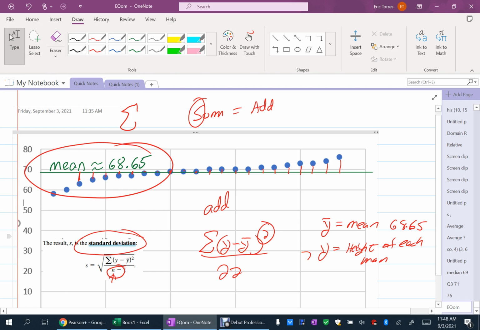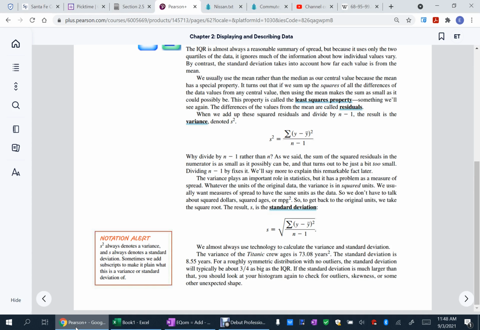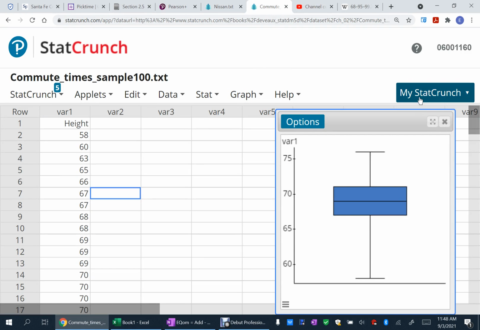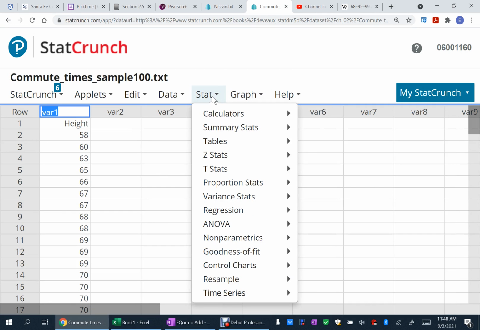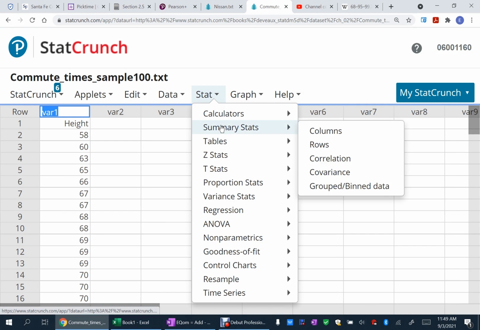So let's do the calculation using StatCrunch. Here's my data. We were working on it with box plots. Now I'm going to take that variable and do Stat, Summary Statistics, Columns.